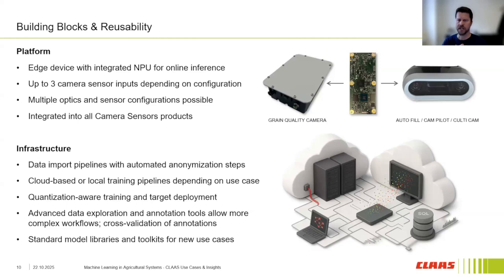So depending on the use case and the demand for computing power, you can do it locally or in the cloud. We employ quantization-aware training as well, depending on what target device it's to be deployed on. That means if it's a target that has limited hardware capabilities, you may want to convert your model to dealing with integer numbers rather than floating point, and this is what we call quantization-aware training.